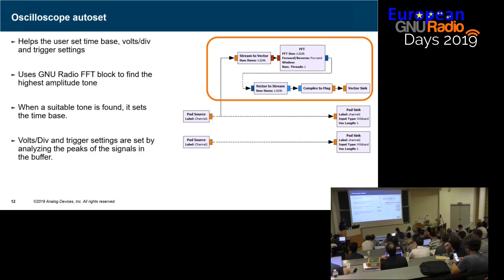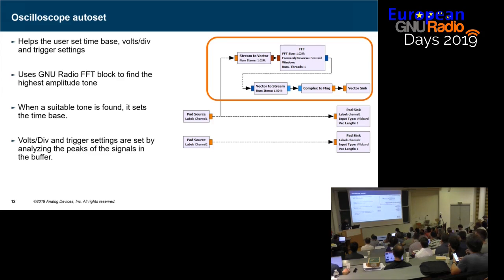The autoset feature is a user-friendly feature for people who are not that accustomed to an oscilloscope. What it does is help you set the time base, the volts per division, and trigger settings if you don't know how to handle all the knobs.